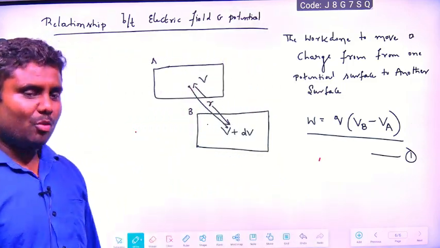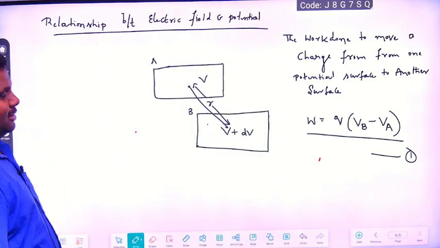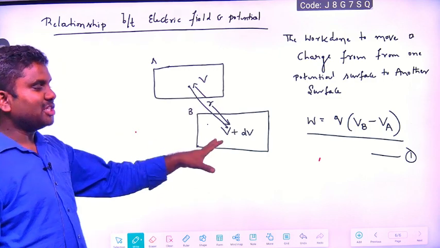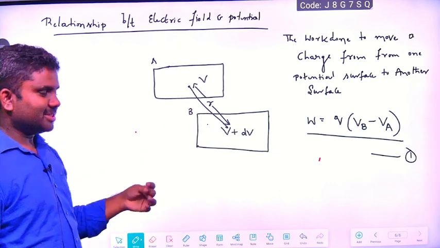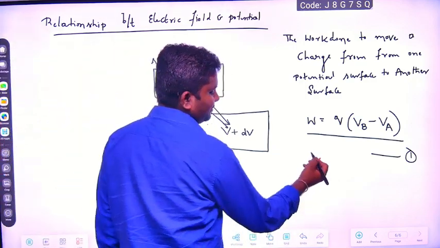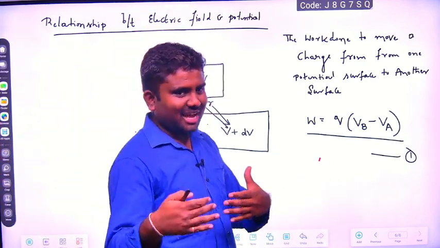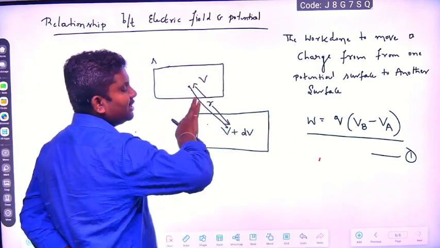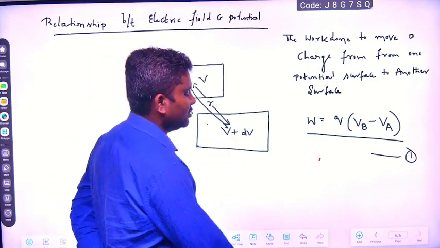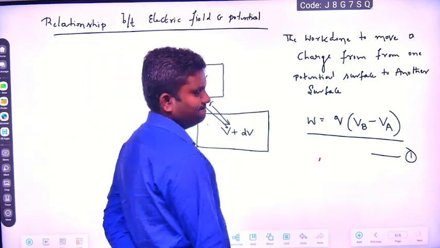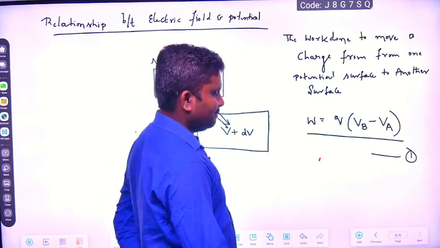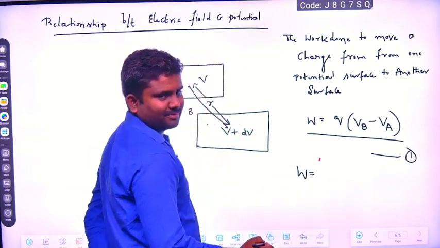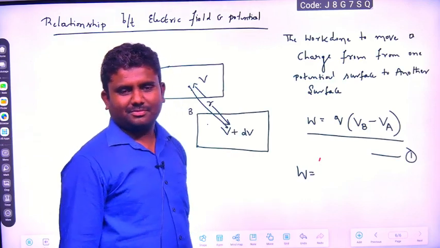Now, what is the relation between the potential and field? If potential is there, then field will be there. Field lines act in the opposite direction of the movement of the charge. The charge moves from here to here, so it is moving against the direction of the field. What is the work done in moving a charge, in terms of field?